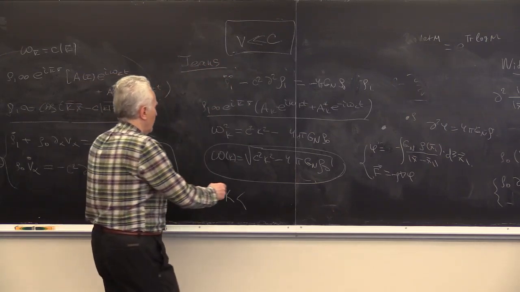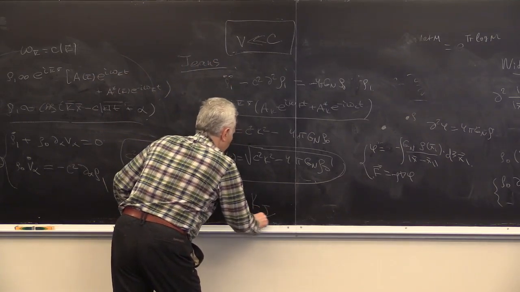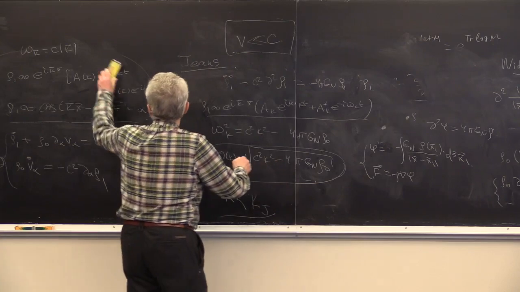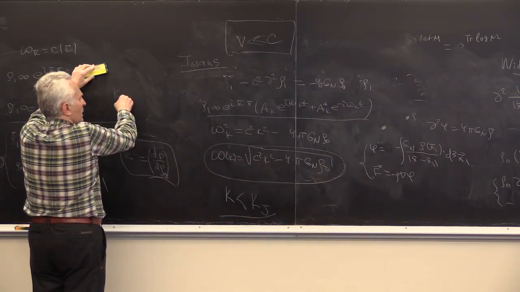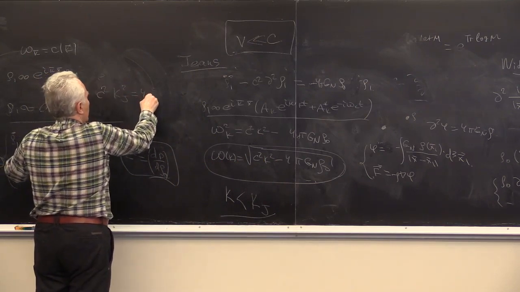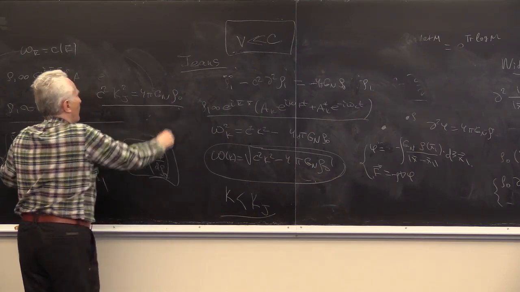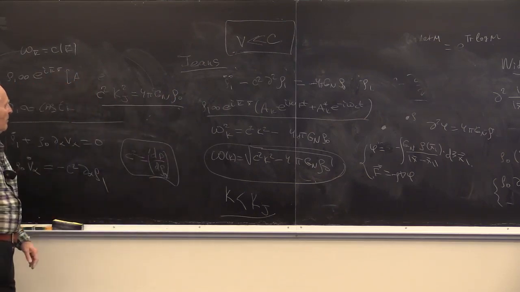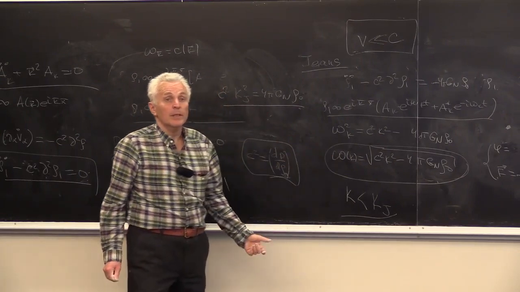If k is shorter than the Jeans wavelength, k_J, defined by this relation, that's critical. You see that omega is imaginary.